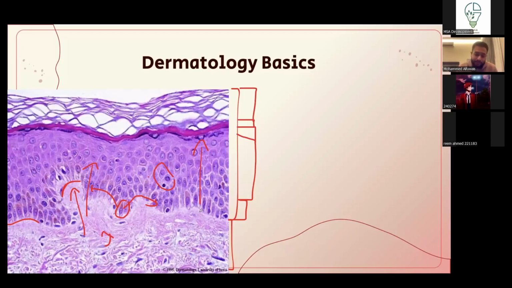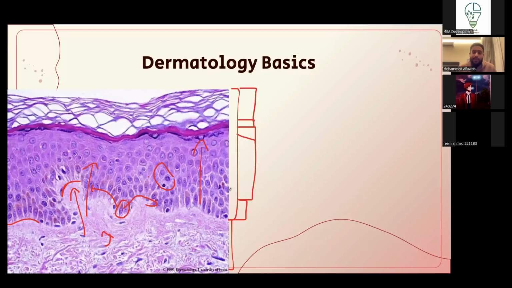Okay, good. Now we go over here. What if you have thickening of all layers of the epidermis? What do we call this? All layers, mainly the spinosum. Acanthosis. Good.